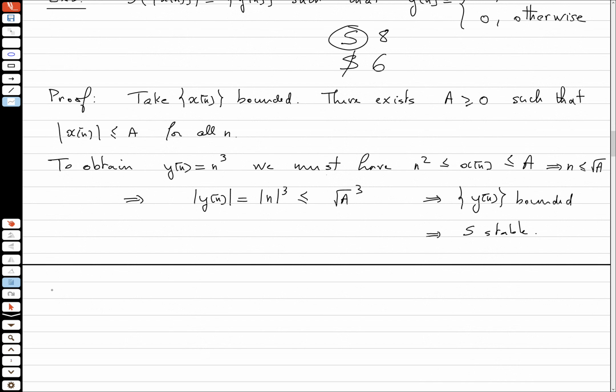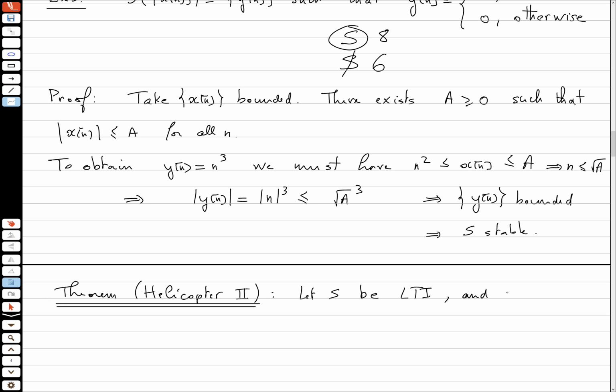All right. So, theorem. Same idea. Let S be LTI and g of n its impulse response.